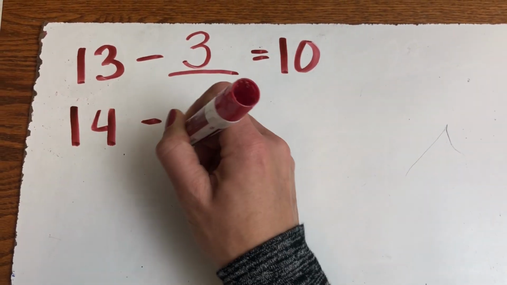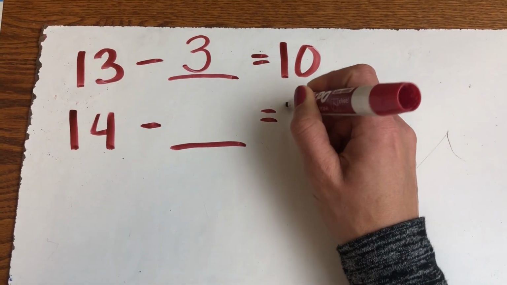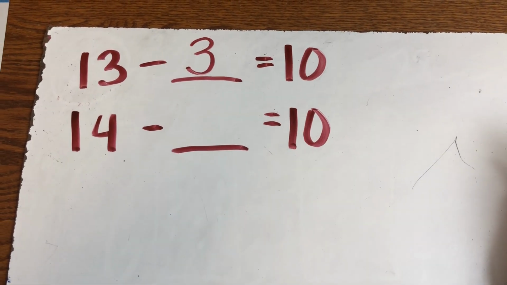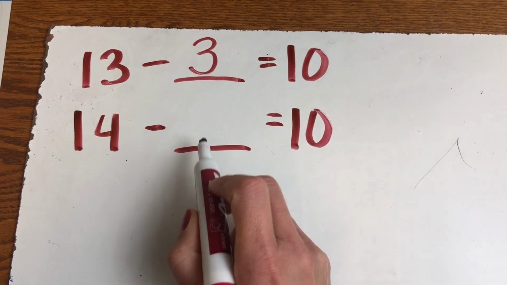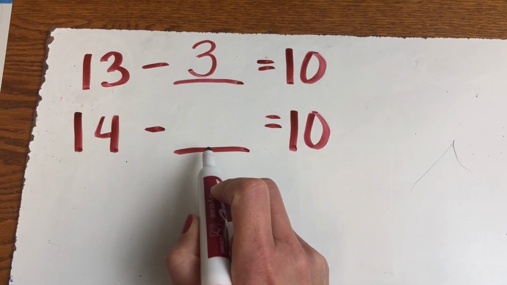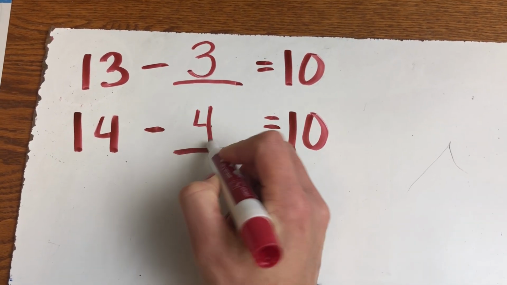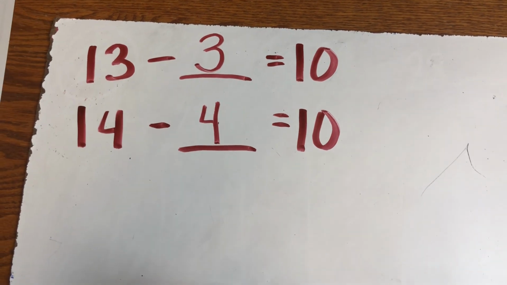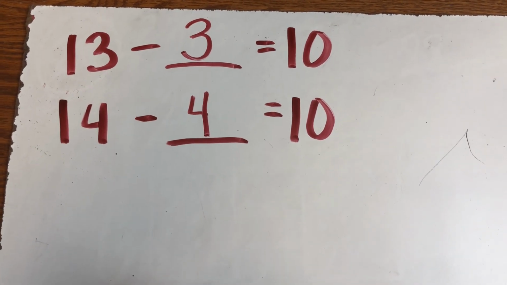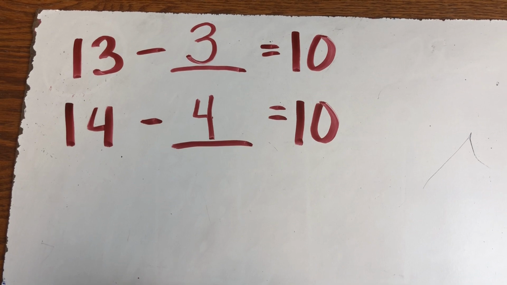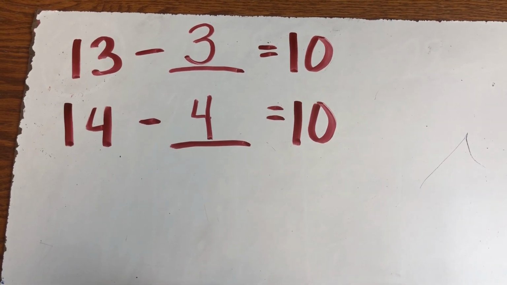14 minus blank equals 10. 14 minus, you're right, 4. Copy that subtraction sentence. Let's move on.